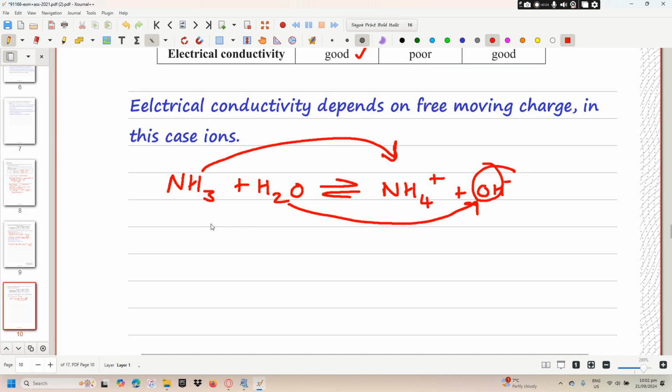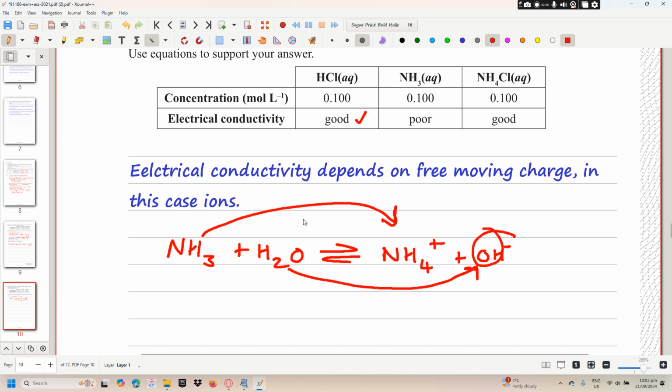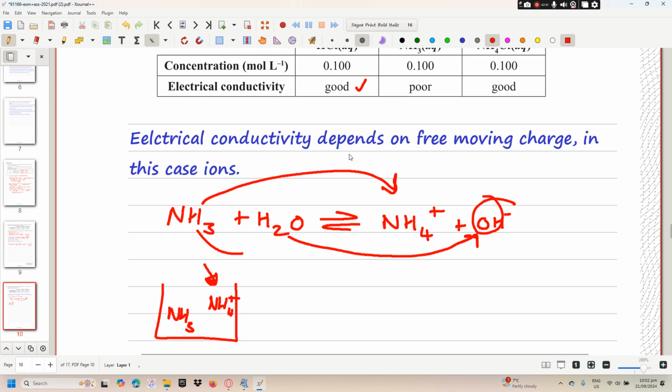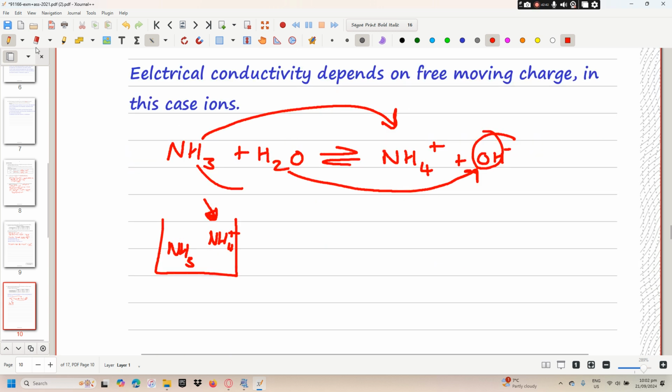The main thing is it only partially dissociates. So only some of these react with water, so your beaker of water will have some NH3s and some NH4 pluses. So it doesn't create as many ions as HCl, and therefore is a poor conductor.